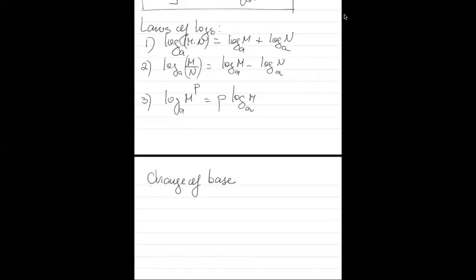So these three rules we use a lot for logarithms, and we also have a formula for change of base, because your calculator has only two logarithm keys, base e and base 10. So if I need to change the base, let's say this base is base a, and I need to change it to natural log base, that's ln x over ln of a. Or you can change it to base 10, log of x over log of a, either one.